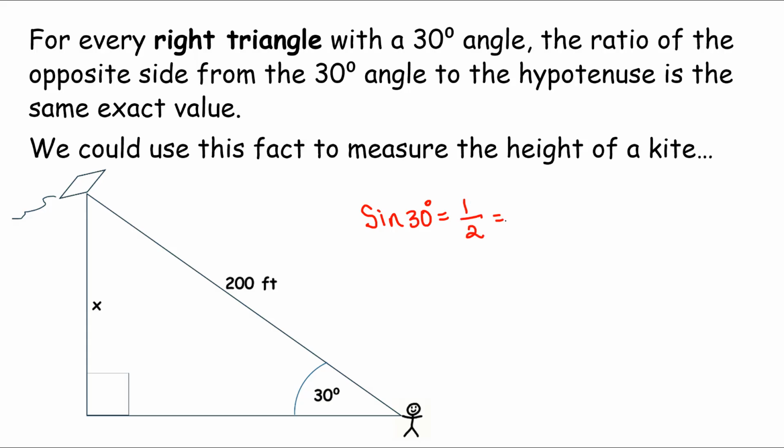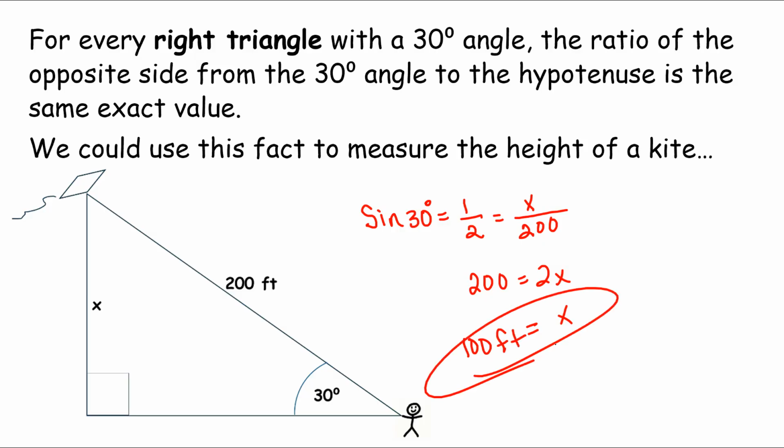And I know that the sine is opposite, which in this picture is x, over hypotenuse, which in this picture is 200. If I take the cross product, I have 200 is equal to 2x, and so x is 100 feet.